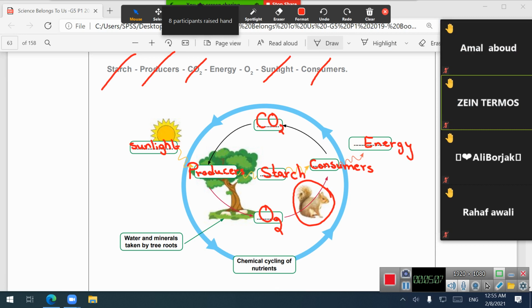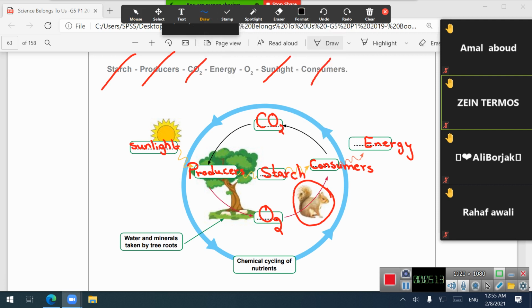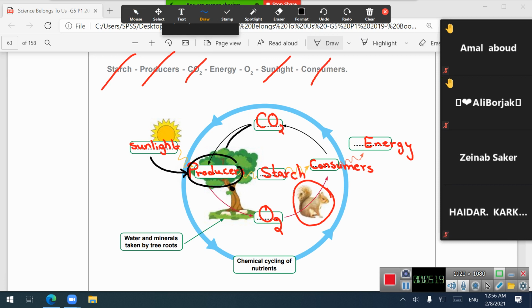By getting sunlight, please pay attention carefully, producers, which are the green plants, absorb carbon dioxide and release oxygen to produce their own food. Food made by green plants is also called starch or sugar.